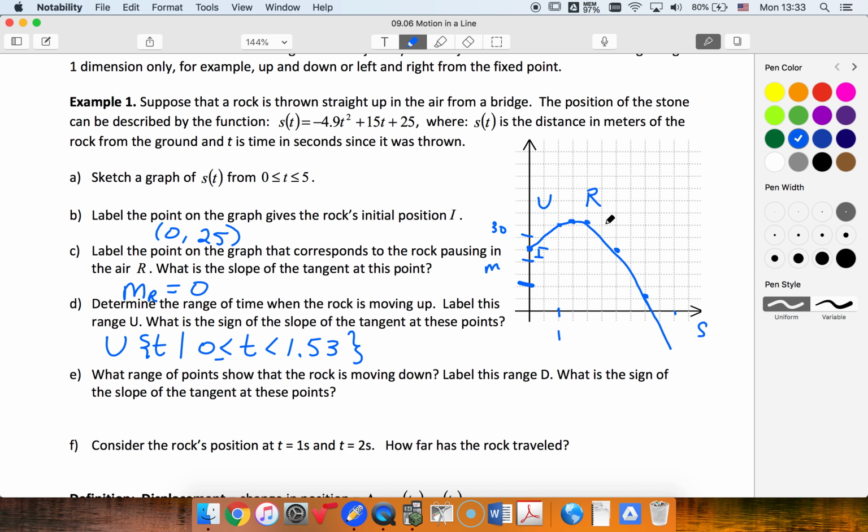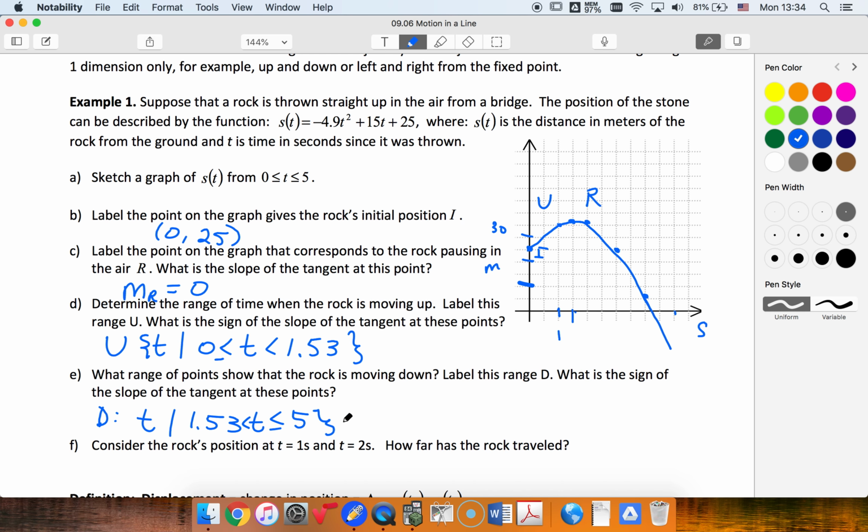The range of points where it's moving down is T such that we're between 1.53 and 5. I'm stopping at 5 because that's where we wanted to look. So I've got my bridge, maybe it's above a river, that's why we're going below ground.